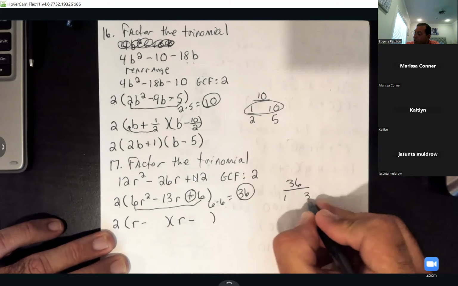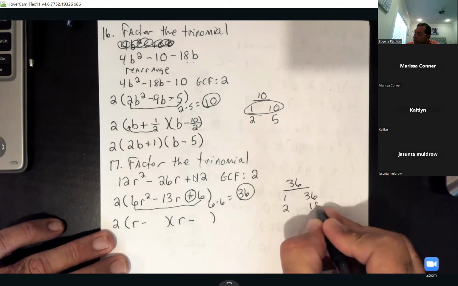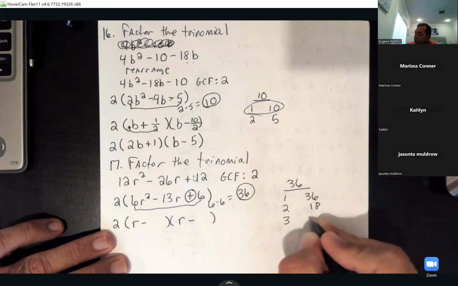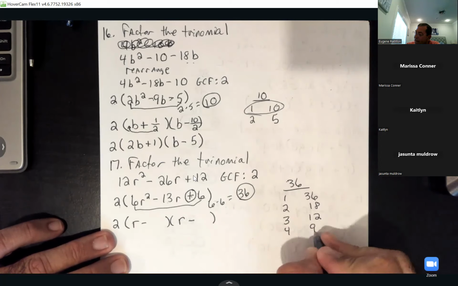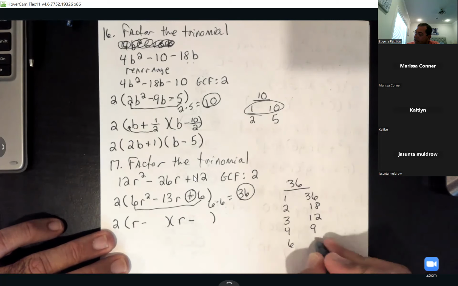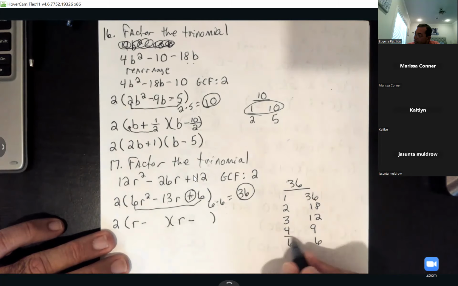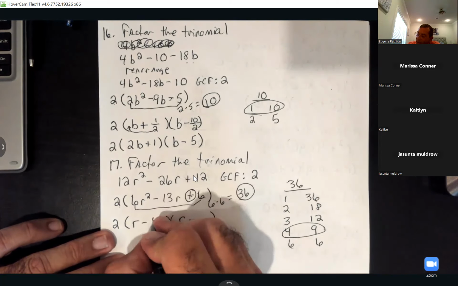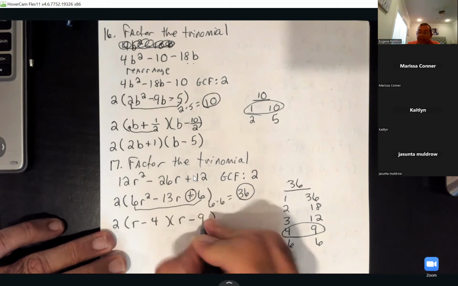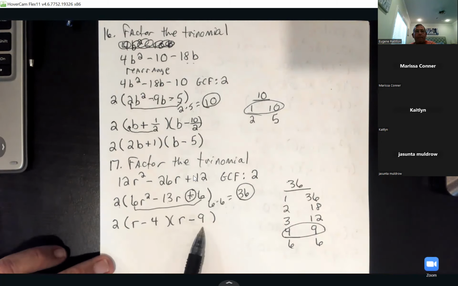We got 1 and 36, 2 and 18, 3 and 12, 4 and 9, and then 6 and 6. So since I had to get a 13, that would be my 9 and 4. And y'all, since they're both negative, it don't matter who we put first. We can put the 4 first and then the 9, or we can put the 9 first and then the 4.